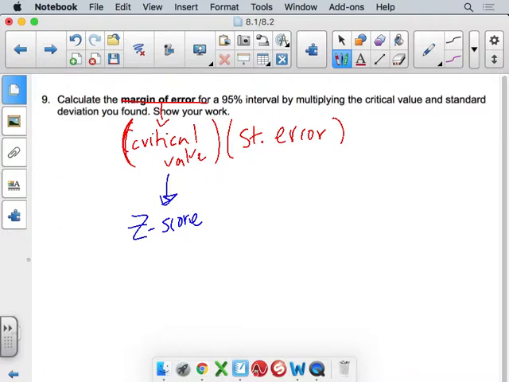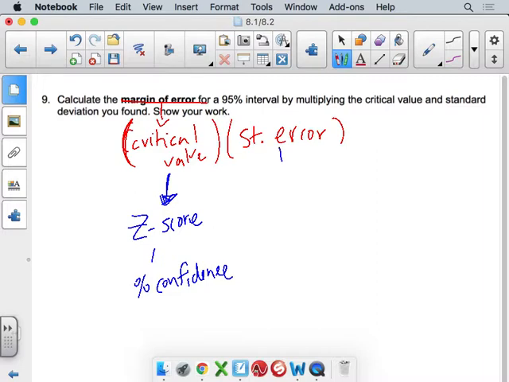Are you negative 1.2, or 2.38 standard deviations above? So a critical value is your z-score, and it comes from your percent confidence. That's where it comes from. We're going to get into that on this problem.